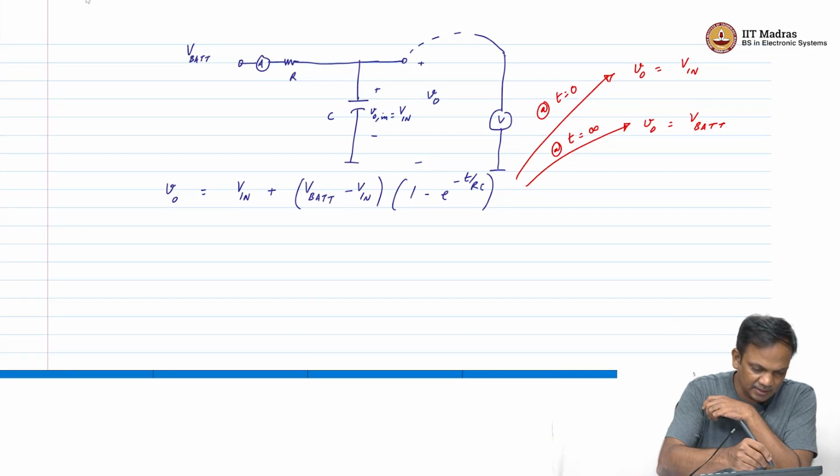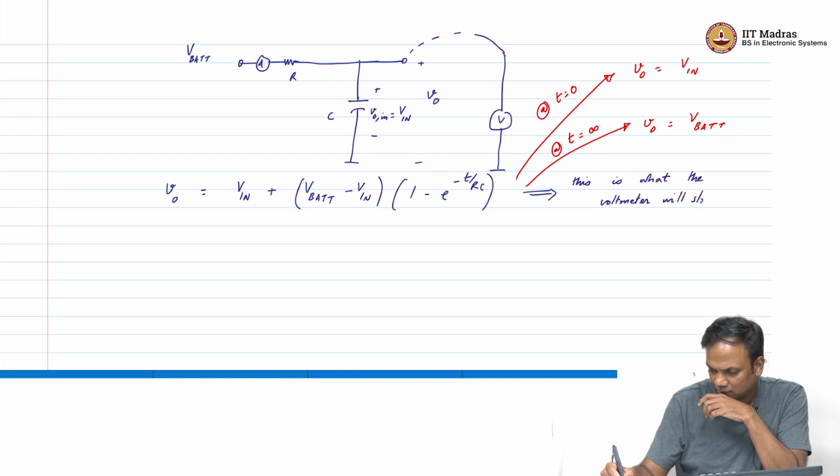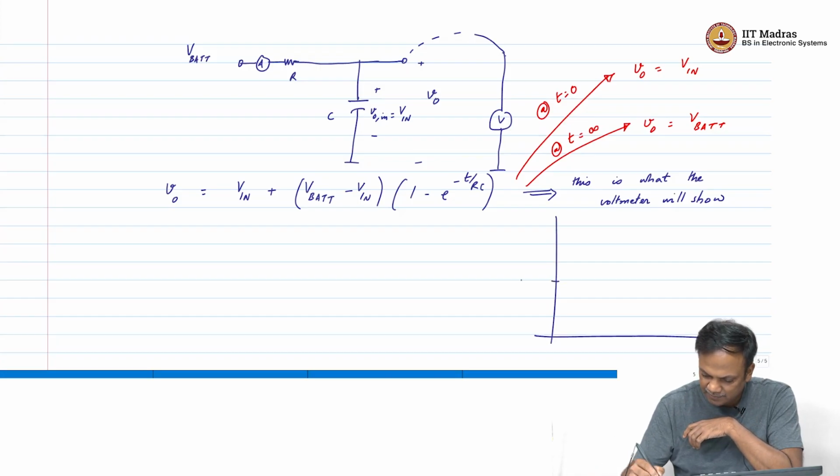So, you can say that this is what the voltmeter will show. As a function of t, let us say this is V in, let us say this is V bat.